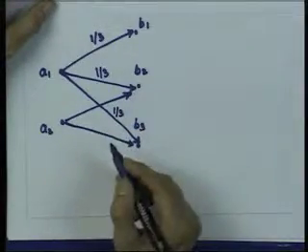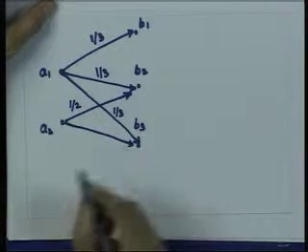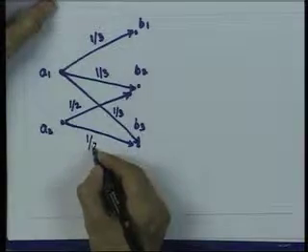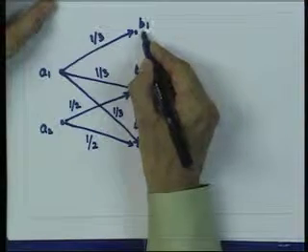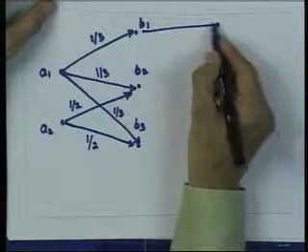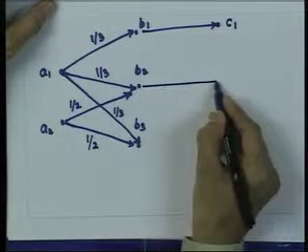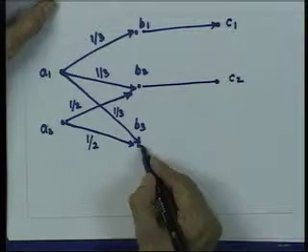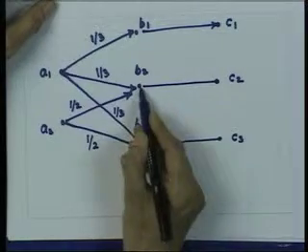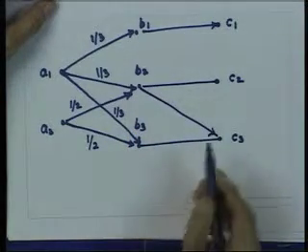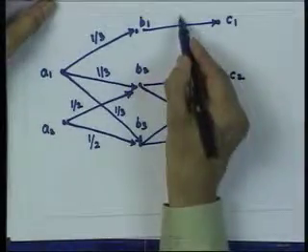Probability of B2 given A2 is equal to half, and probability of B3 given A2 is half. Now, this channel is cascaded with another channel. So, the channel diagram follows: C1, C2, C3, this is equal to 1.